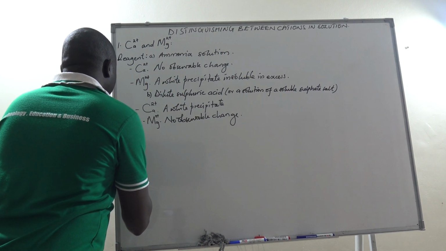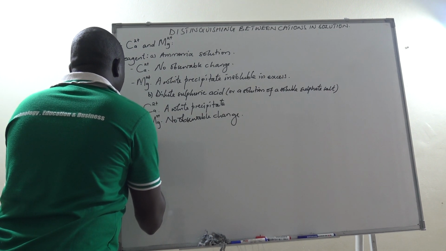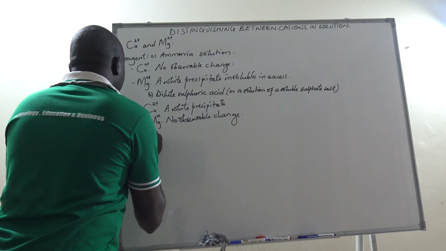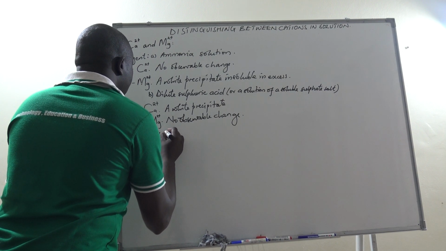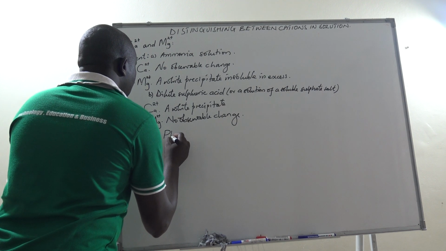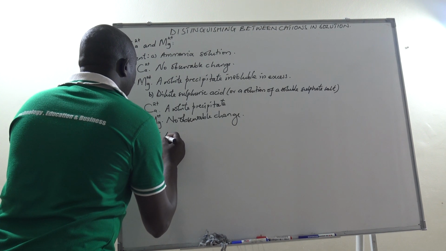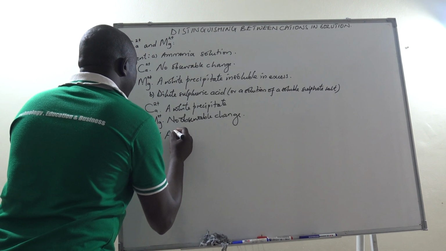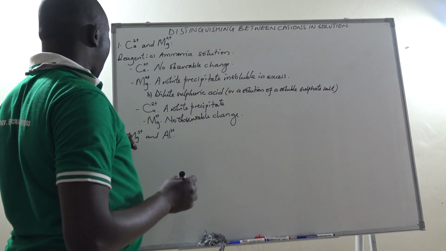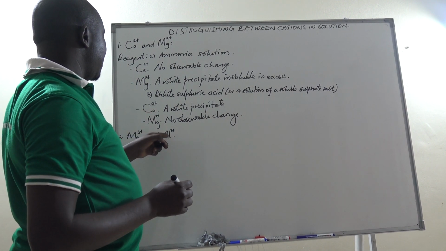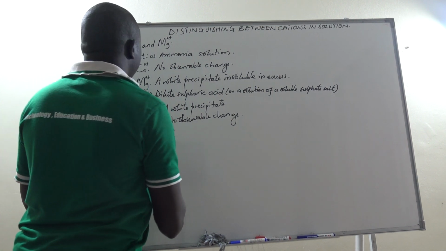Now let us look at another one. Supposing I have magnesium ion and, let me say, the aluminium ion. I hope you can remember how we can test for magnesium ion and aluminium ion, where they belong when we are using sodium hydroxide solution.